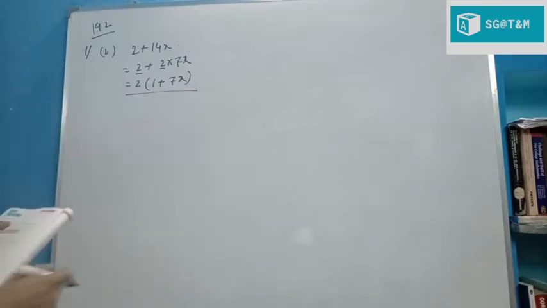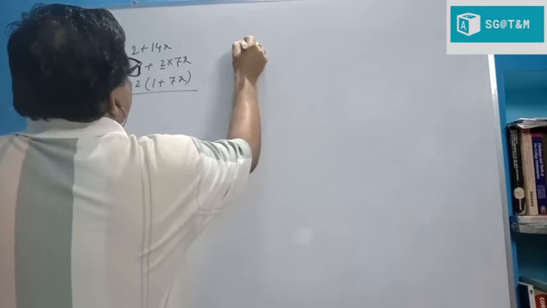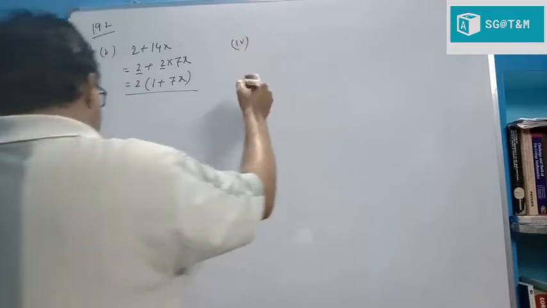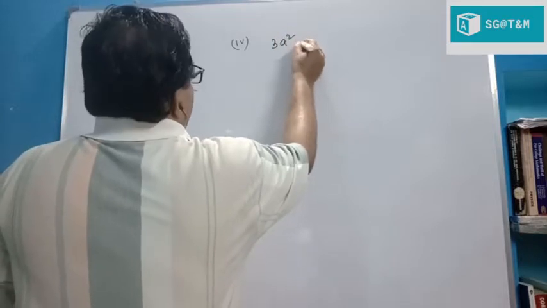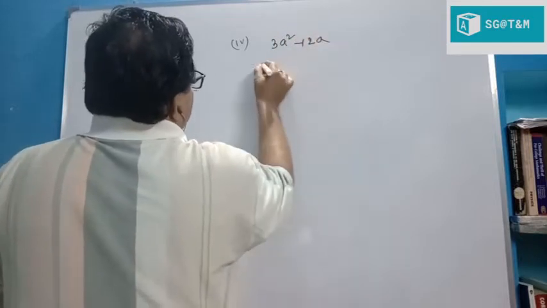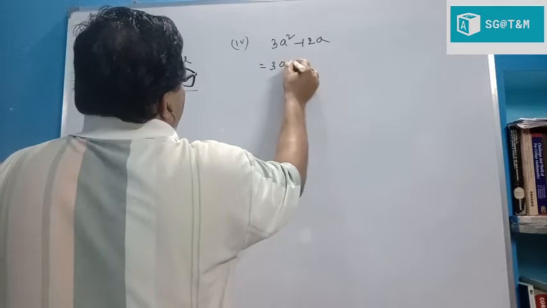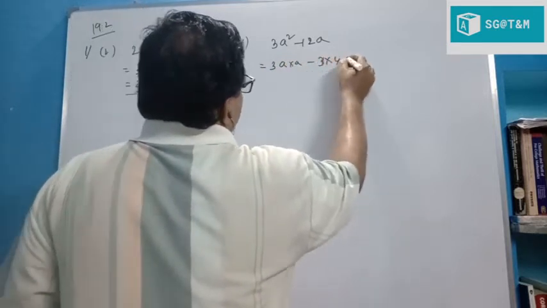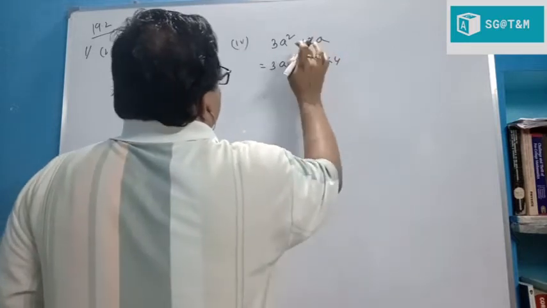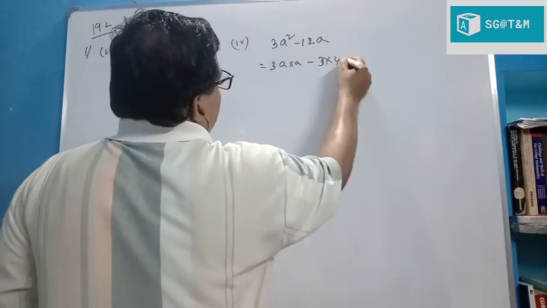Next, 3a² − 12a. 3a² is 3a into a, and 12a means 3 into 4 into a.